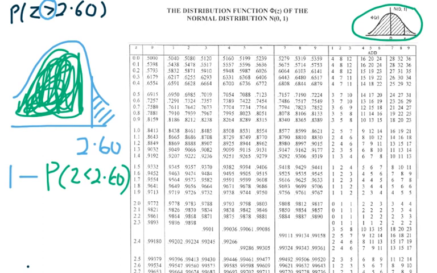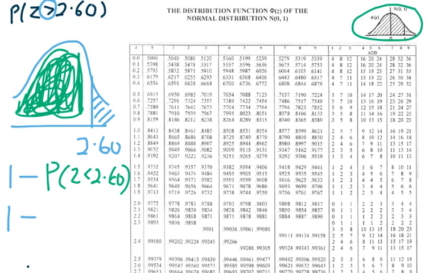Now for 1, no issue. 1 is a constant value, the probability value of the whole area. So 1 minus the green area, and for the green area we refer to the table. The first decimal is 2.6, so 2.6 refers to the first column, which is here.